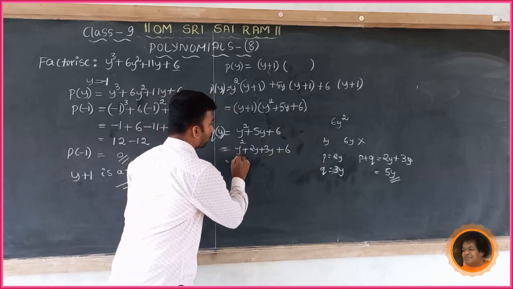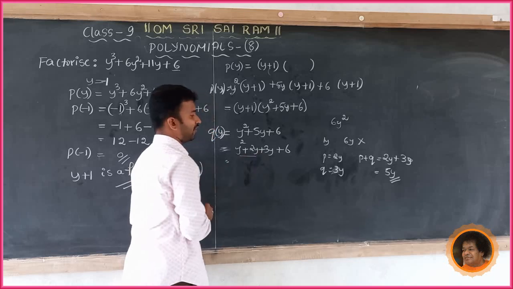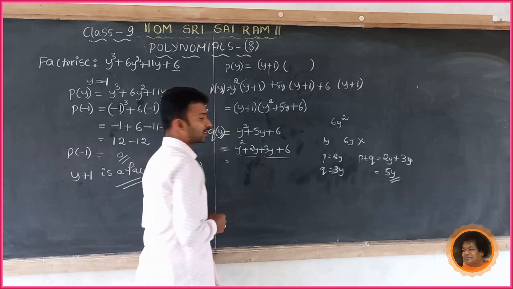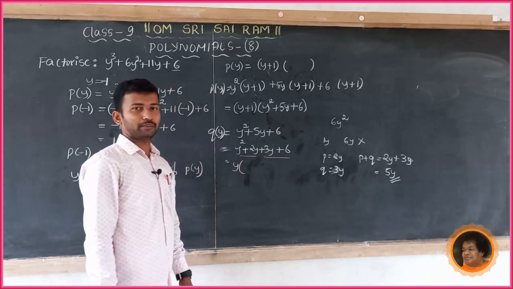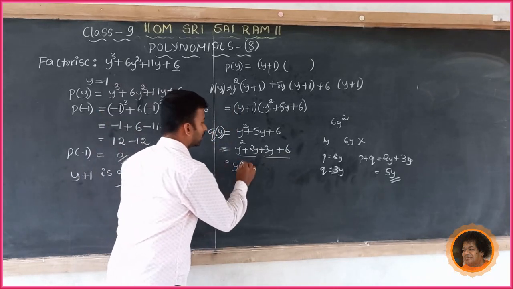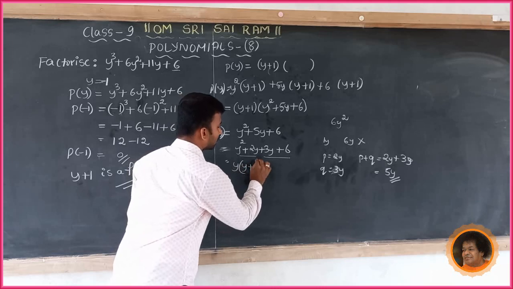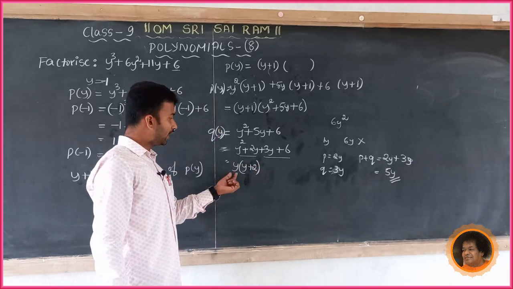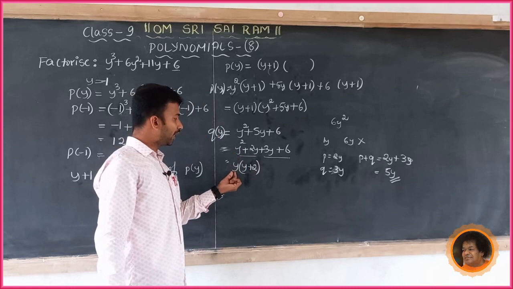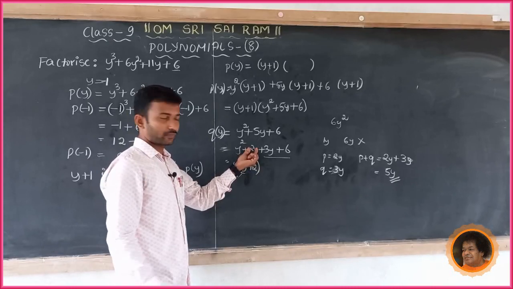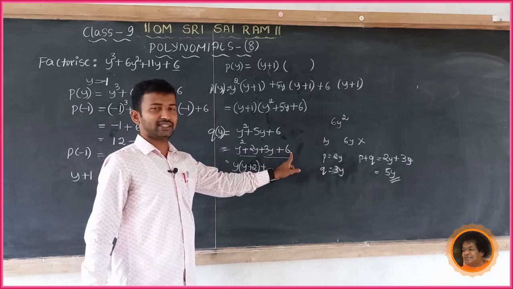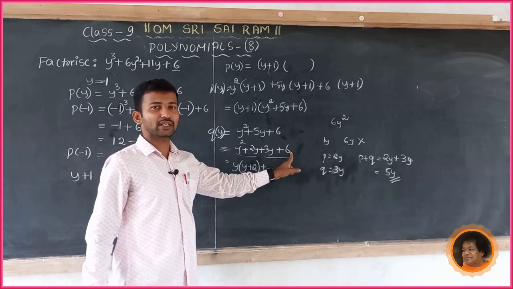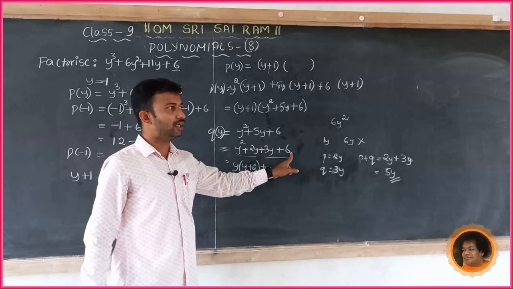Next grouping: y square plus 2y is the first group, 3y and 6 are the second group. Y is the common term in both, so take out y, and y plus 2 remains. That is y into y, y square, y into 2, 2y. Then plus 3y plus 6. What is the common factor? 3 is common.